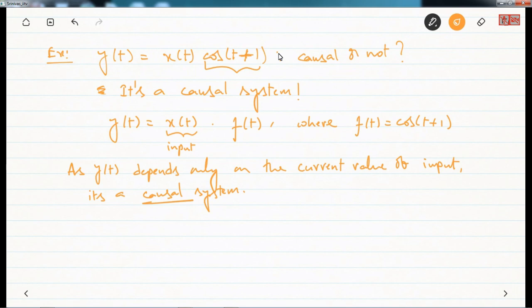Okay, so we discussed what is a causal system and some of its examples.